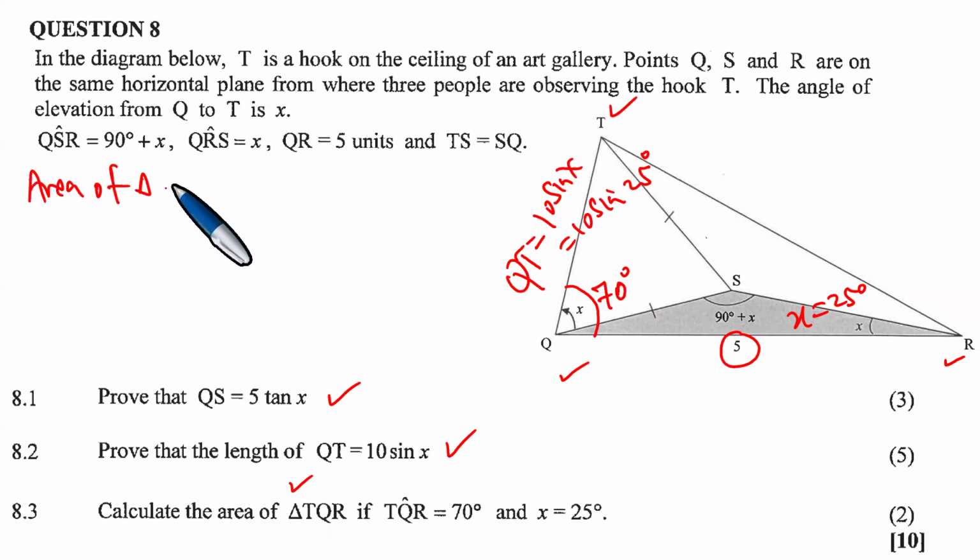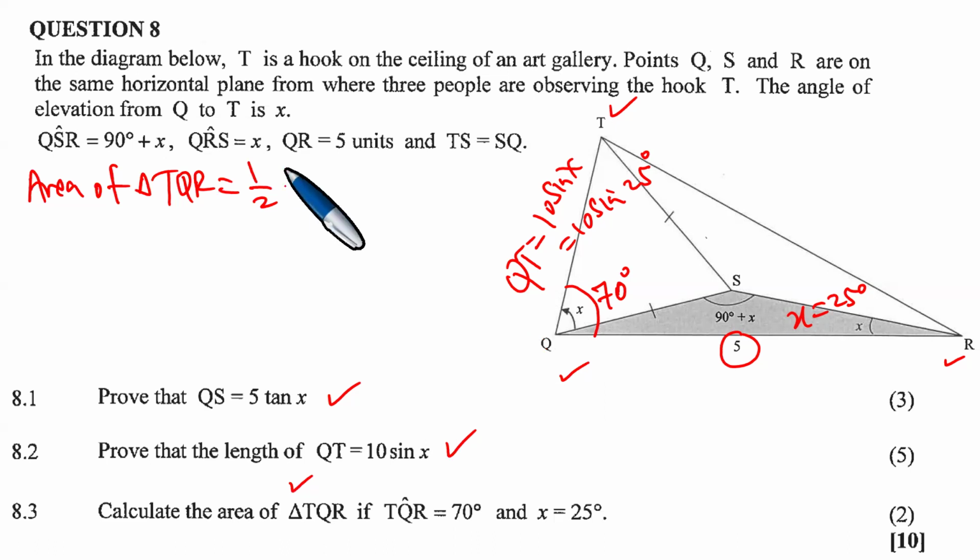the area of triangle TQR is half the product of the adjacent sides multiplied by the sine of the included angle.